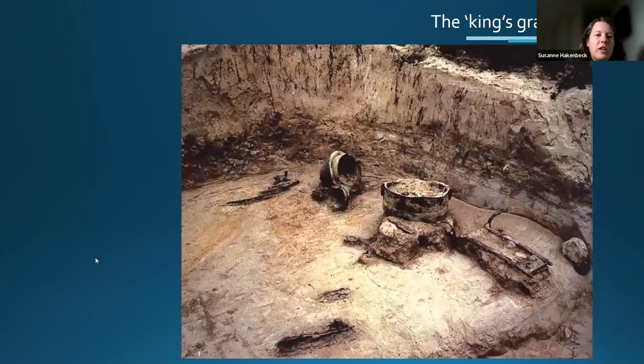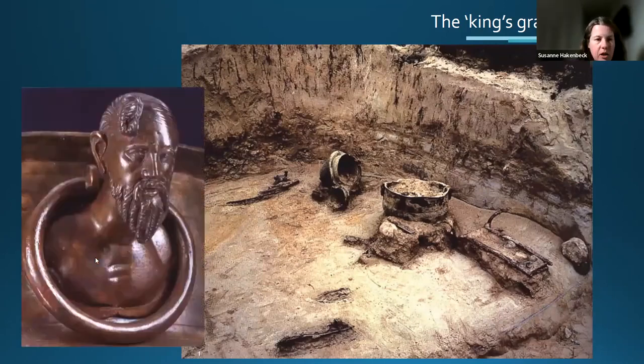So this is the burial chamber as it was excavated, and I just want to draw your attention to this big object in the middle, which was a bronze cauldron. Okay, and then here we are close up. The bronze cauldron on its four sides was decorated with a bust of a man with a very, very distinctive hairstyle.